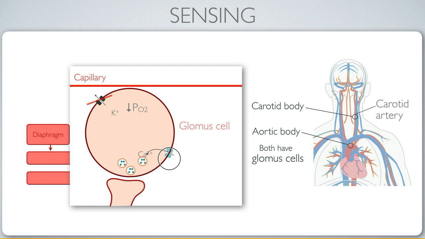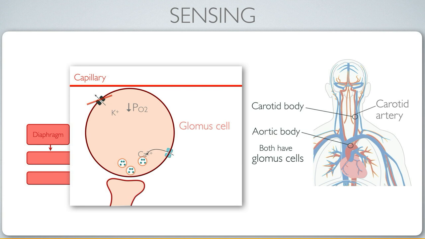So calcium influx triggered by this depolarization driven by potassium causes a release of the neurotransmitter, and then that in turn excites an afferent postsynaptic neuron. All right, so what this illustrates is the ability to monitor oxygen on the arterial side.